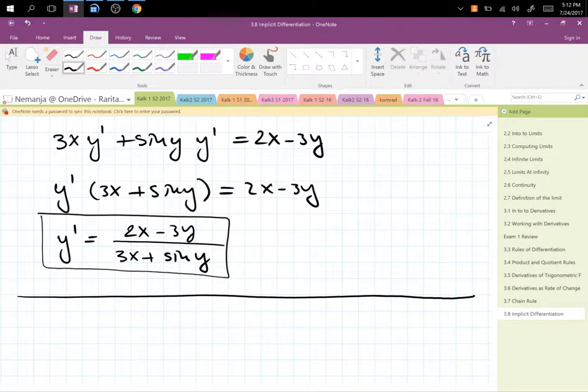So now it's a good time to talk a little bit about notation, because you encountered a few different notations for the derivative.